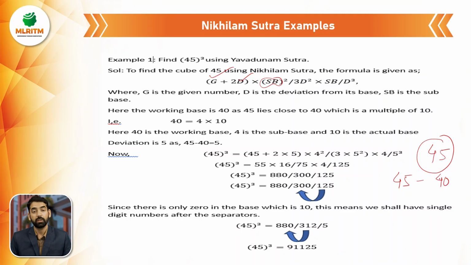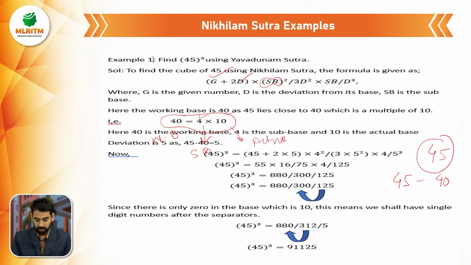Here 40 is a multiple of 10, 4 into 10. We have mentioned that 40 is equal to 4 into 10. What is meant by 40? 40 can be regarded as a working base, where 4 is taken as the sub base, and 10 works as the actual base.